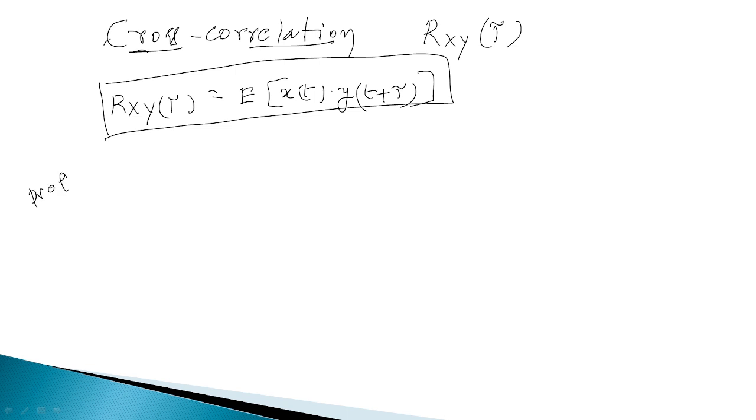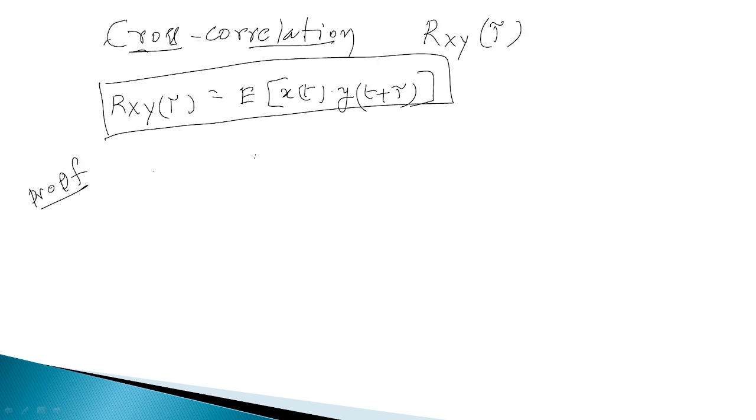So therefore, proof: Rxy of tau is equal to the average of two signals. E of x of t. I am taking two different signals, x of t1 and also y of t2. So this is the average.